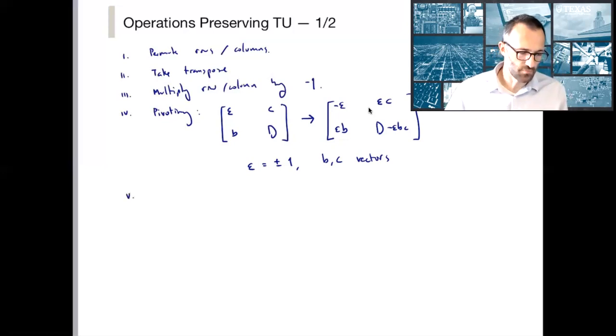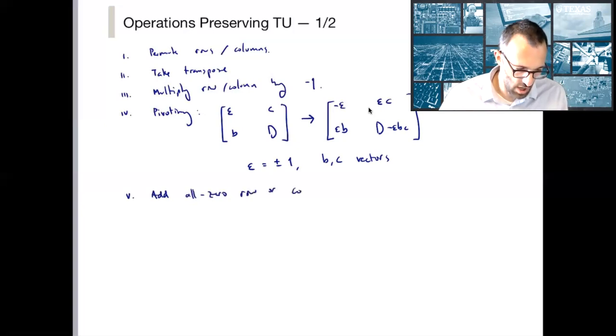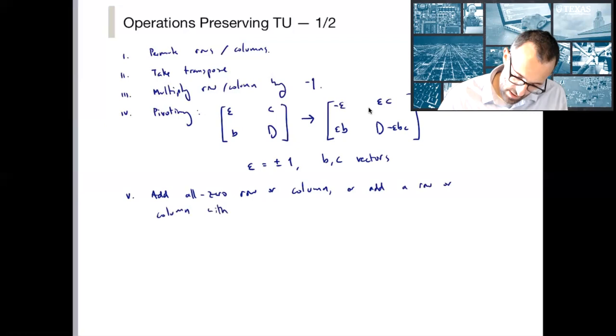What else can we do? We can add an all zero row or column, obviously, or maybe perhaps it's not that obvious, or we can add a row or column with a single non-zero which is plus or minus 1.